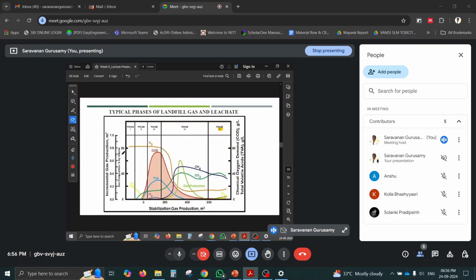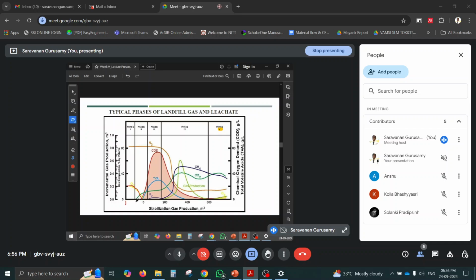Now, how the landfill gas and leachate are formed during different phases. Here you can see the days: 0th day, 200 days, 400 days, 600 days. First, the oxygen present will be reduced because it's a closed environment; all the oxygen will be utilized first.